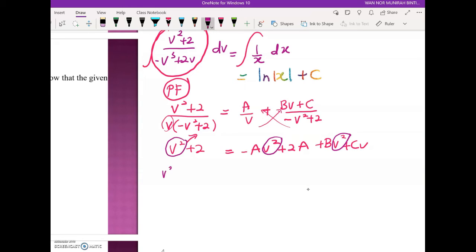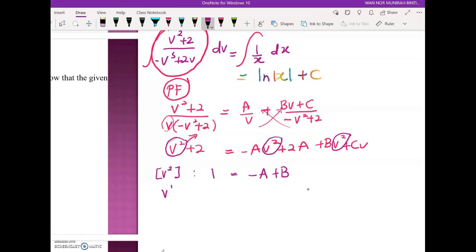I just want to collect the coefficient in front of the v squared. For v squared, the left hand side is 1, the coefficient of v squared here is 1, while my right hand side I have negative a plus b.